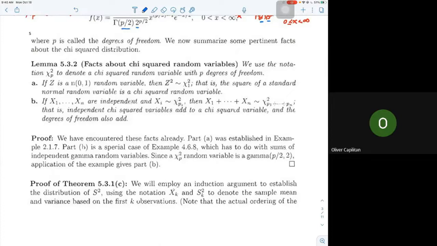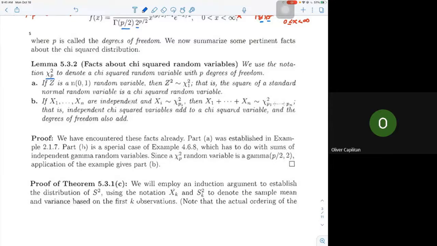Then we have some facts regarding the chi-squared random variable. Take note of this notation: the chi-squared random variable with p degrees of freedom. If z is a standard normal random variable, then the square of z has a chi-square distribution with 1 degree of freedom. We proved this in chapter 2, in example 2.1.7.